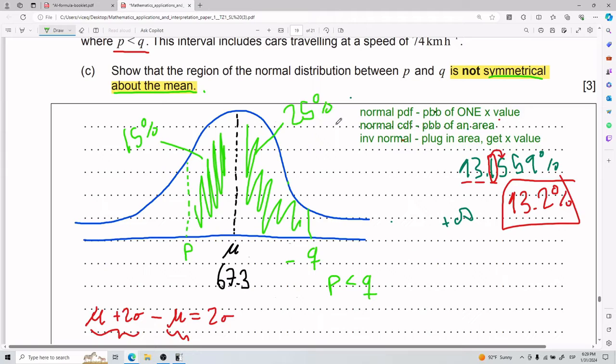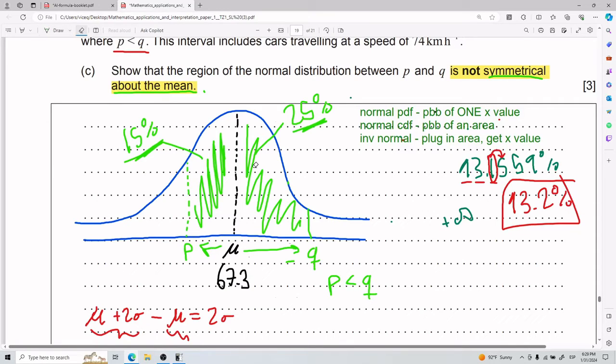There it would not be symmetrical about the mean because one area, and this is the key idea, is bigger than the other. Okay, so all you need to do is compare from the mean to one of the edges. Okay, so compare from here to here or from here to here and work with that.